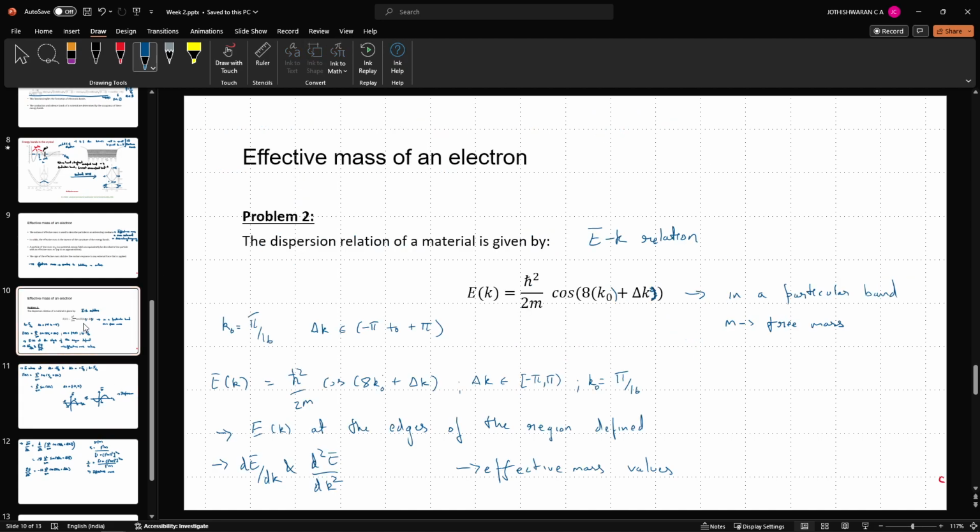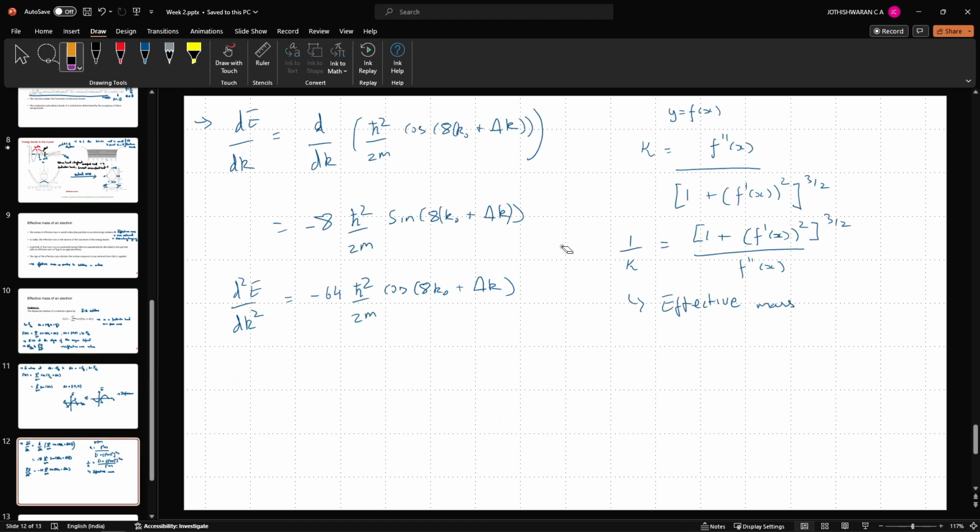If delta k varies from this to this, this parenthesis is correct, and I don't have to do any major changes. My variable k is now k naught plus delta k.